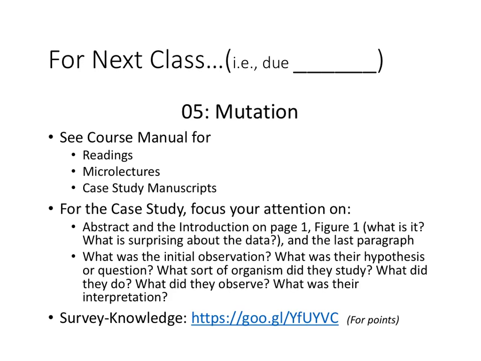So to wrap up, we have a few things to do for next class. There is, I swear, one more survey for points. And then here's the information to focus on when you read that case study.